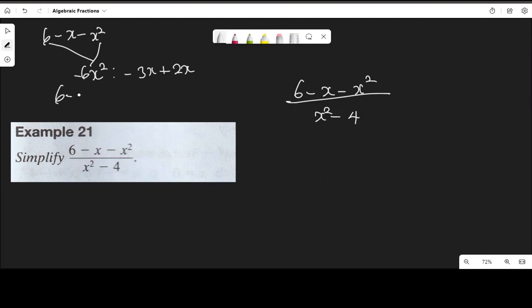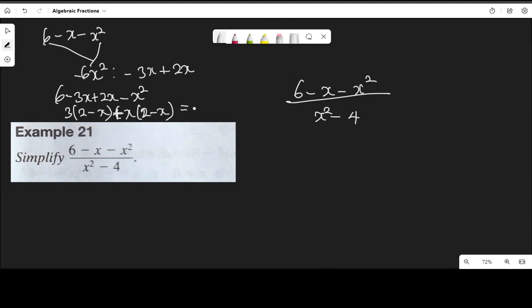I have 6 minus 3x plus 2x minus x squared, which will be, in this first bracket, 3 is common, so I have 3 bracket (2 minus x). In this second bracket, x is common, so I have plus x bracket (2 minus x), 3 factorized.